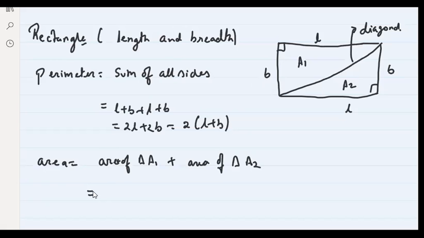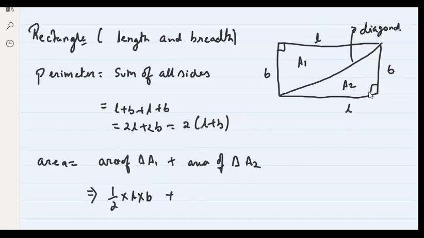So what is the area of triangle A1? Half into length, length is L, into breadth, breadth is B. Agree, everyone?